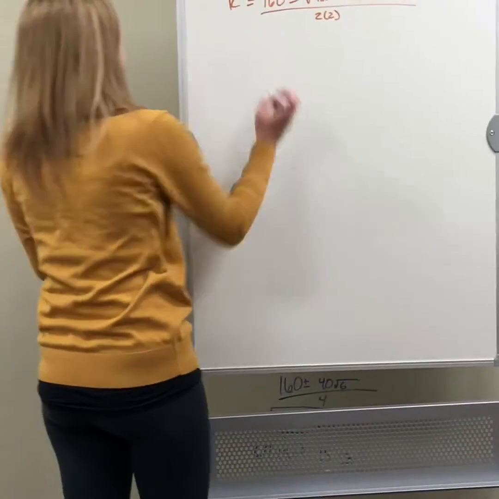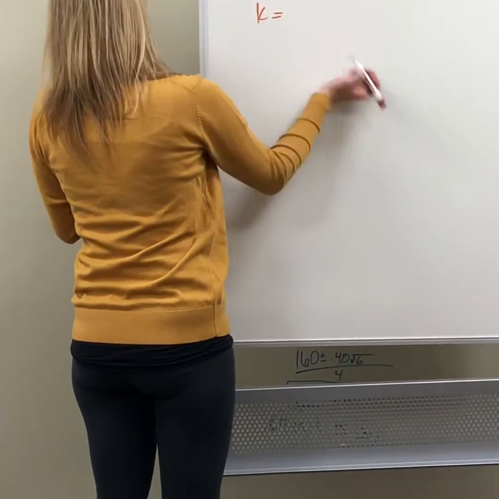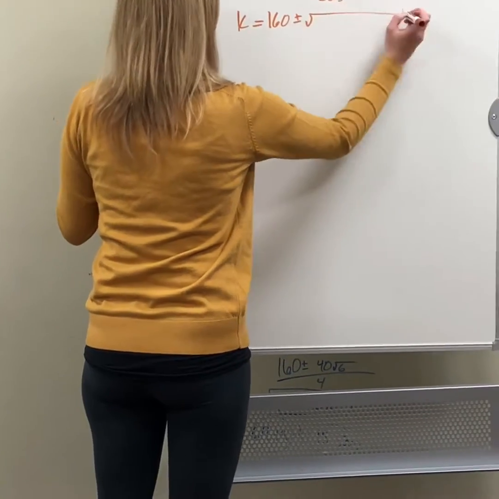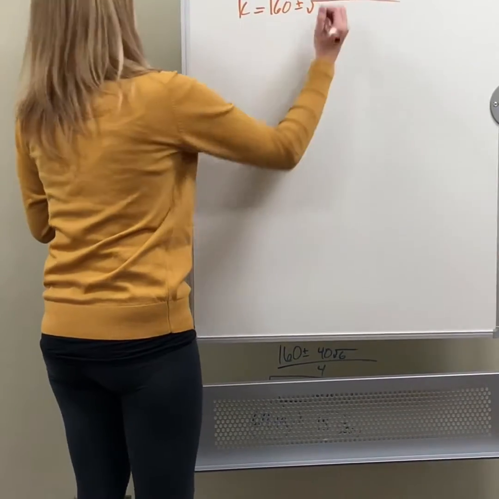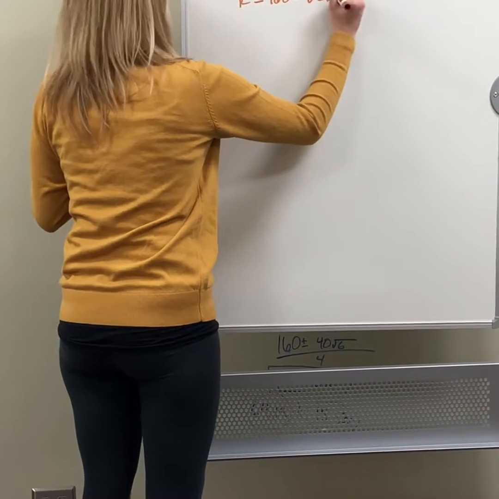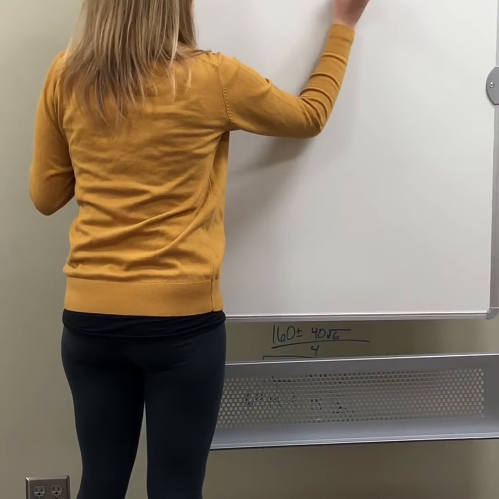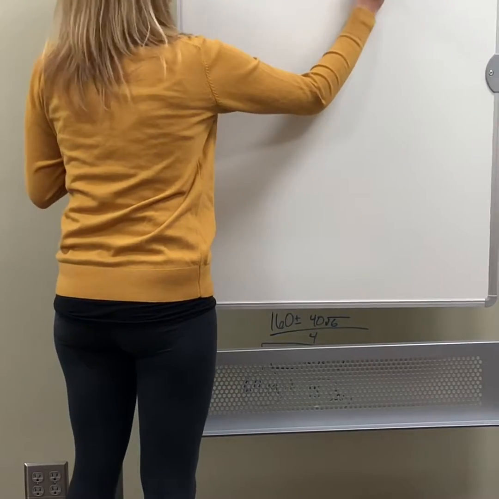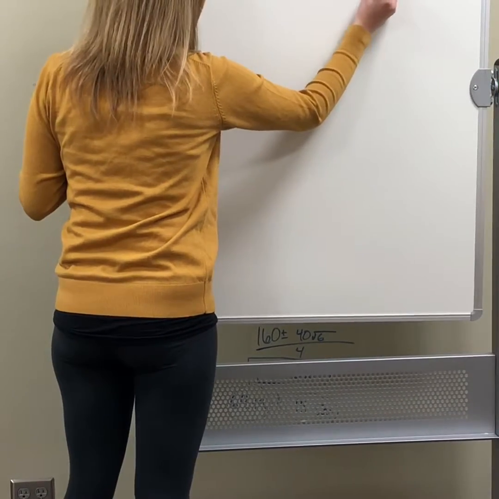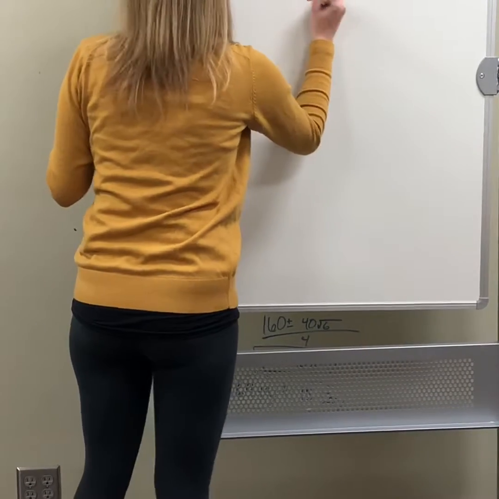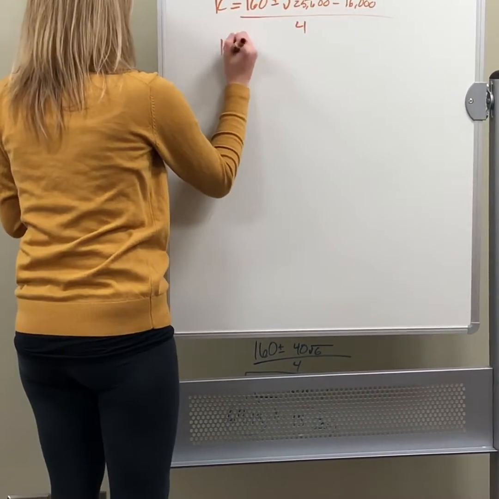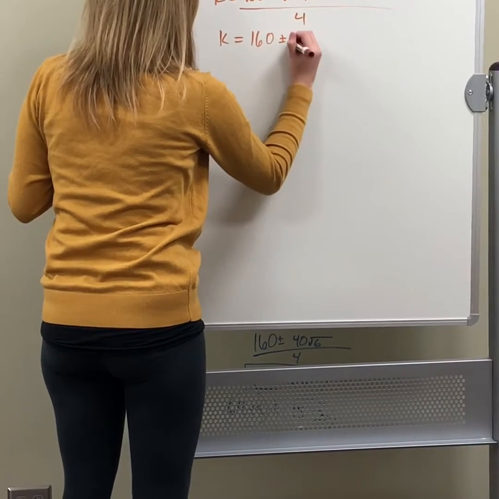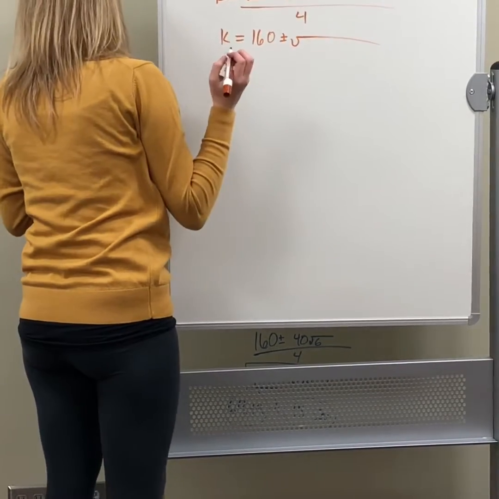And now we're just going to simplify that. k equals 160 plus or minus the square root of 160 squared, which is 25,600, minus 16,000, over 4.